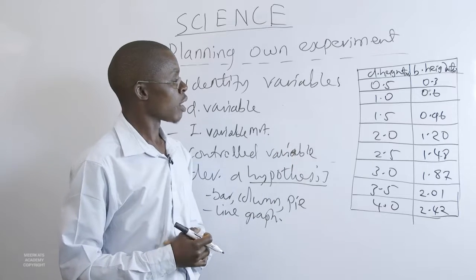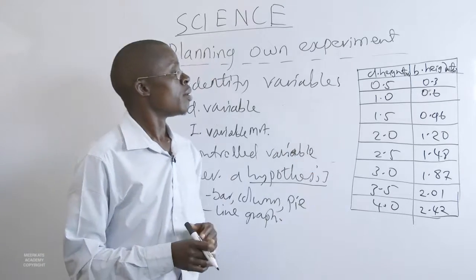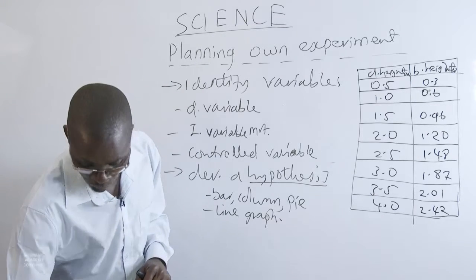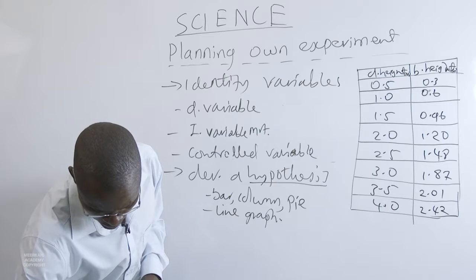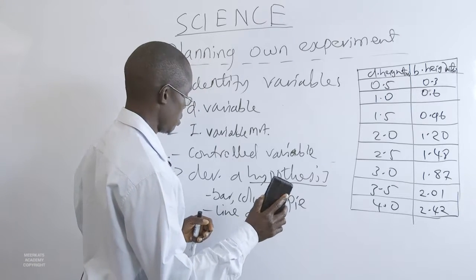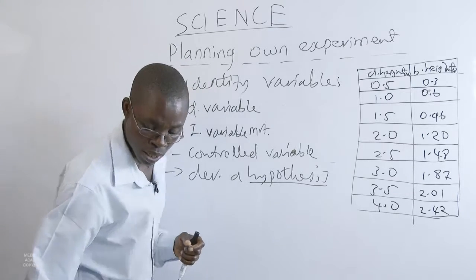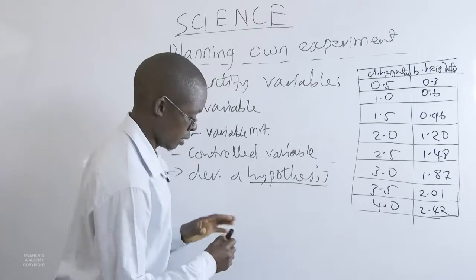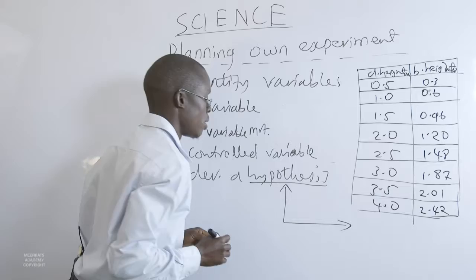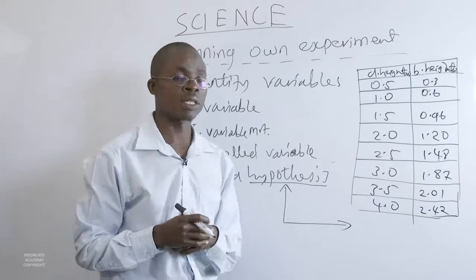So here, you can draw a graph based on the dropping height and the bouncing height. And this one, we can try to represent it here, where you can have the two variables on x and y axis.